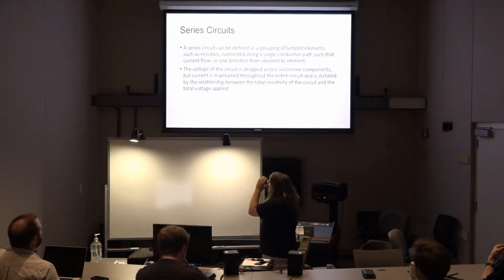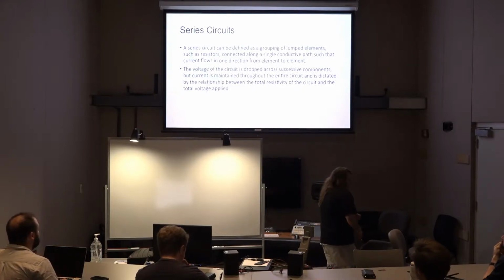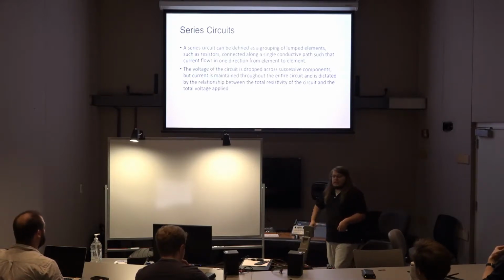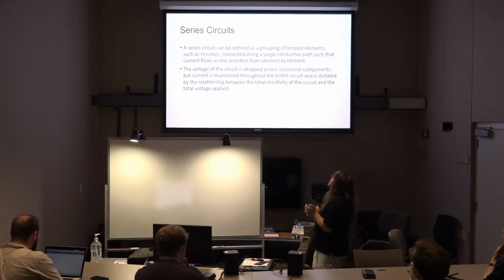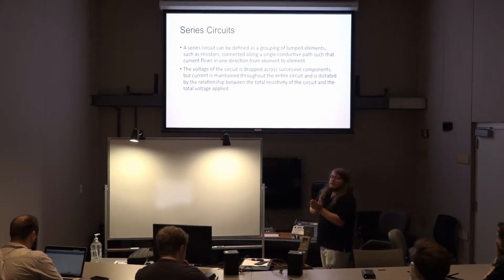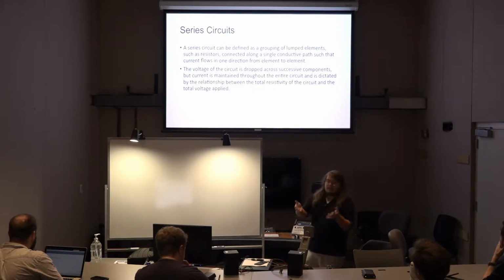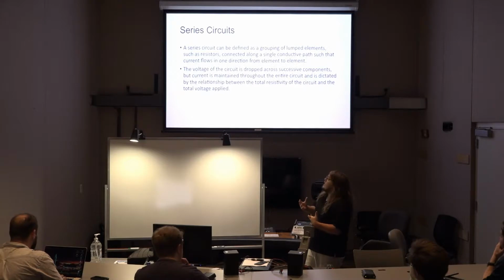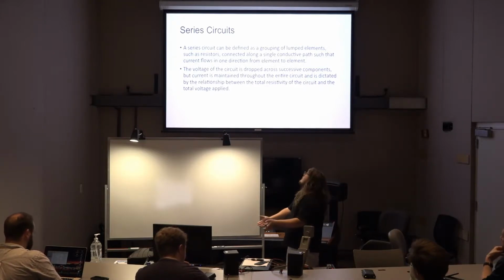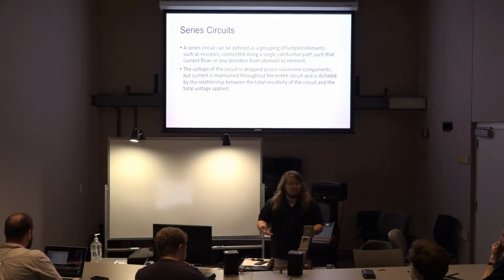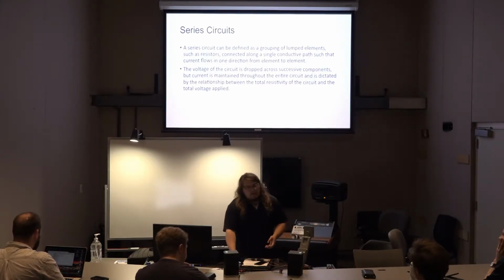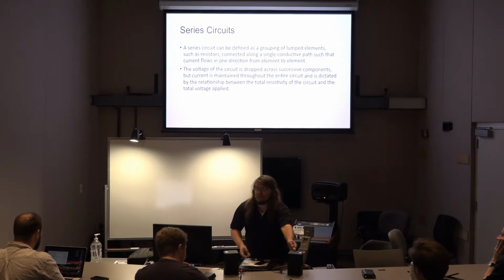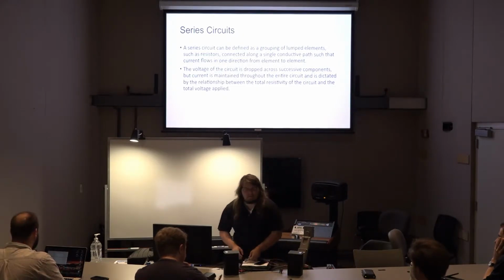So, a series circuit. This is kind of the very heady definition because we're in college, right? A series circuit can be defined as a grouping of lumped elements such as resistors, or speakers in our case, that are connected along a single conductive path such that current flows in one direction through each element, or from element to element. So earlier when I had a series circuit set up, current left the power amp, traveled through one speaker, into the next speaker, back to the power amp.